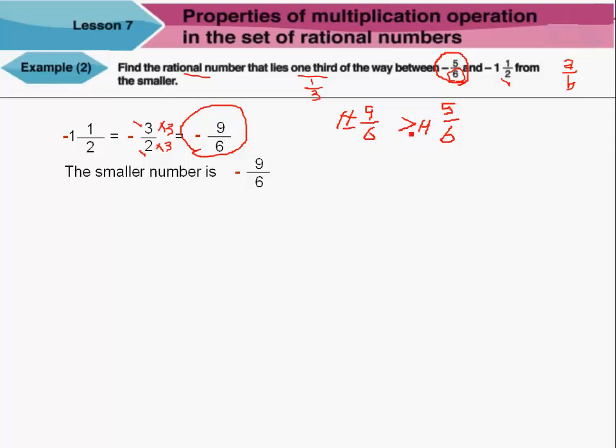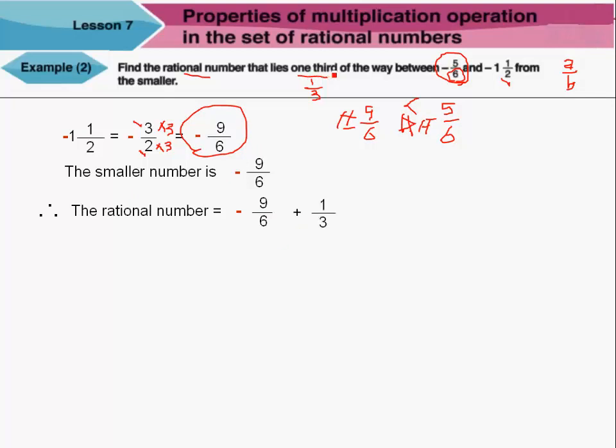But if we have minus, this will be less than. So, which is the smaller number? This one, which is minus 9 over 6. This is the smaller.